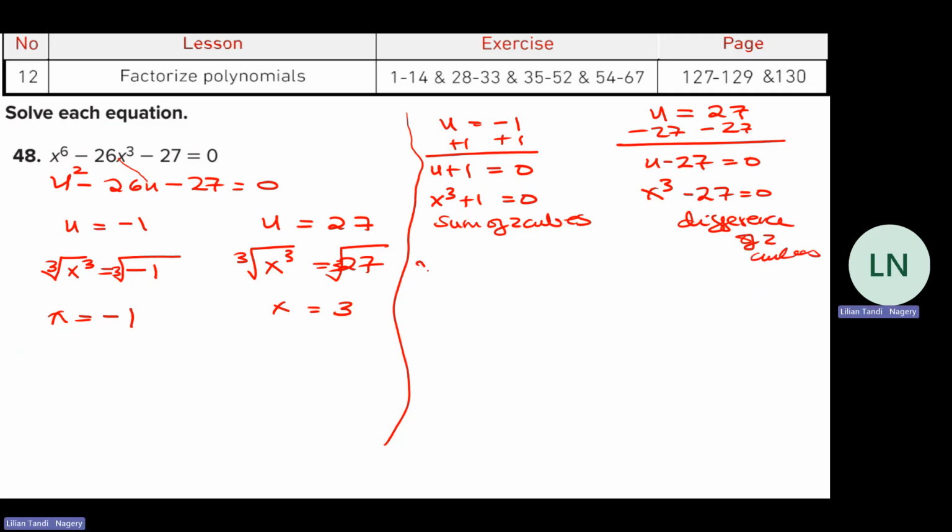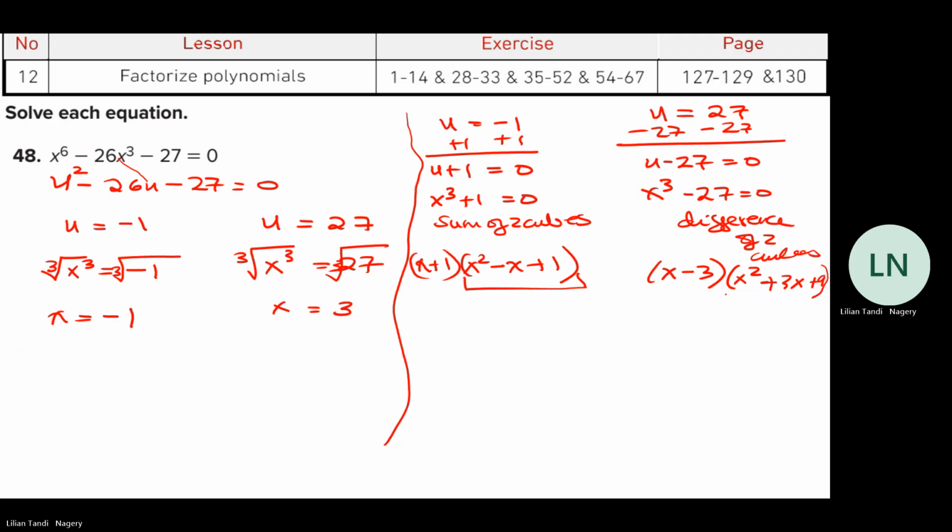So this will become x plus 1, x squared minus x plus 1. This will be x minus 3, and this will be x squared plus 3x plus 9. Then you solve this, and you solve this using table, calculator, whatever.